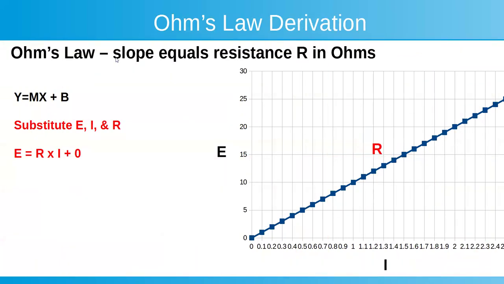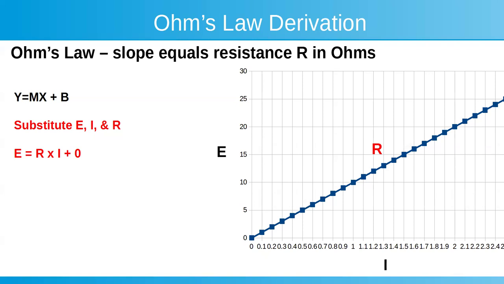This is kind of what one of his experiments would look like, although probably not exactly falling on the line. If you plot voltage and current for a given resistance, it's going to follow this straight line, which is the classic first order formula, y equals mx plus b, where m is the slope of the line and b is the intercept for y. In this case, the intercept is at 0.